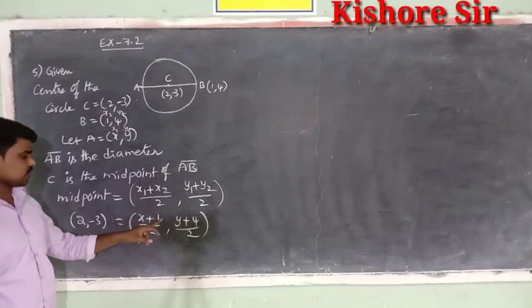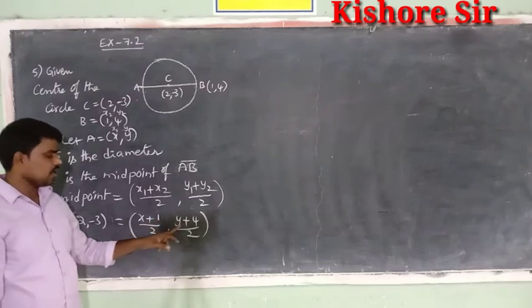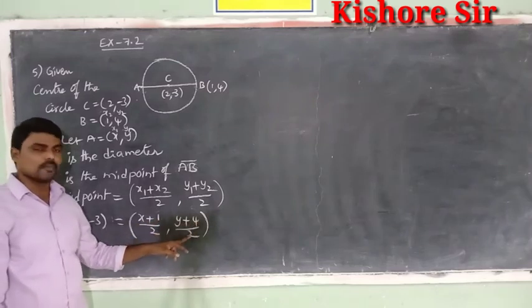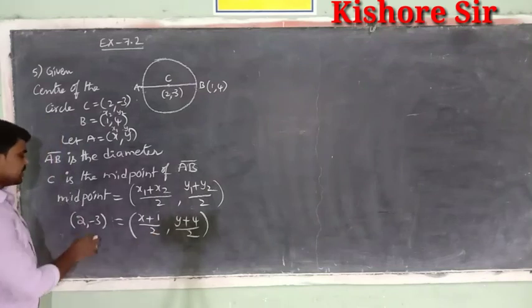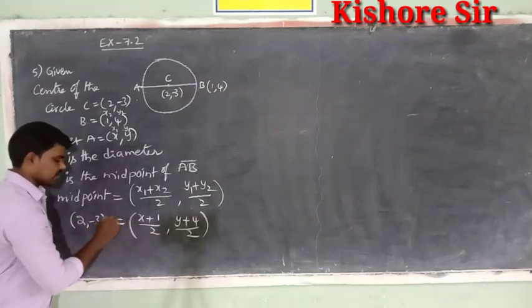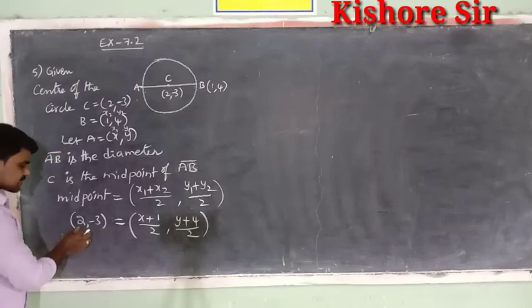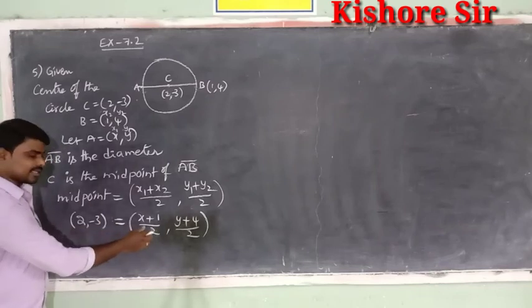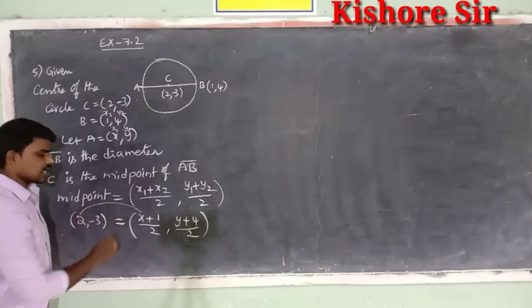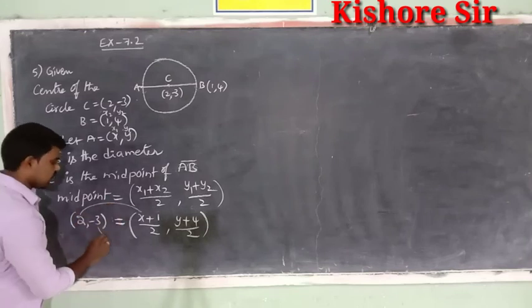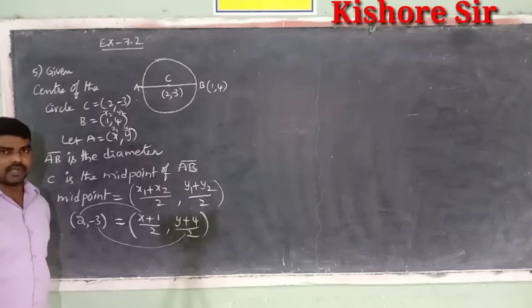Okay, x plus 1 by 2, y plus 4 by 2. See here, these 2 points are equal. So x coordinate is equal to x coordinate. And y coordinate is equal to y coordinate.